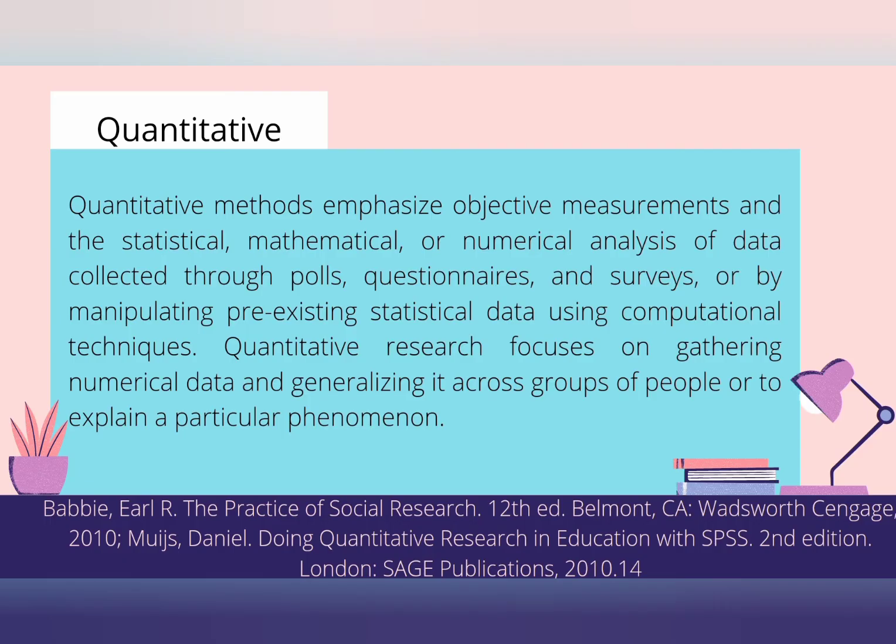So let's first identify what quantitative research is. Quantitative methods emphasize objective measurements and the statistical, mathematical, or numerical analysis of data collected through polls and questionnaires that have numerical values, like yes or no, maybe, often, or a Likert scale.